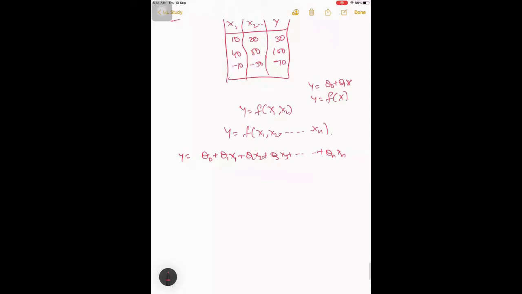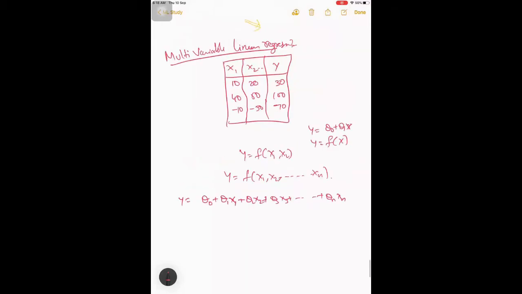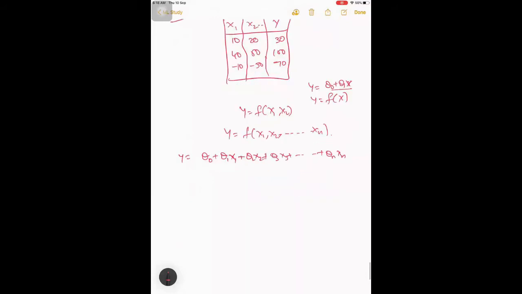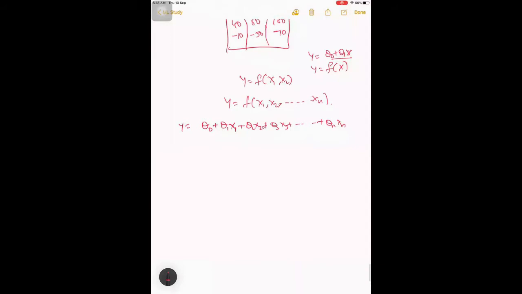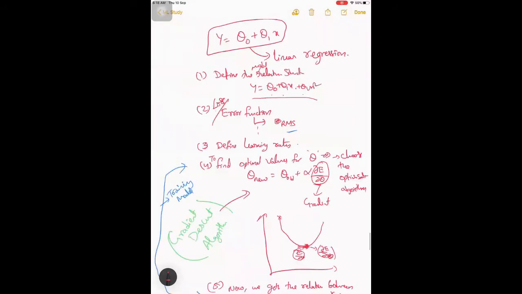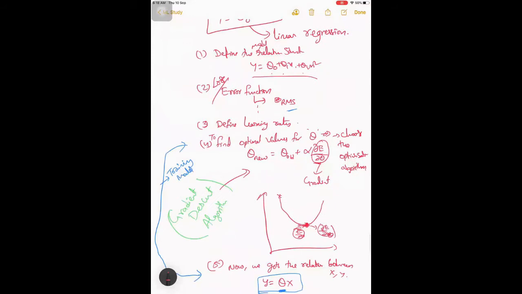Okay, so it's similar to the same example here. For a single variable, we wrote it like this. Similarly, for n variables, we wrote it like this. The process will be similar: once you define a structure here, you also define a loss function.